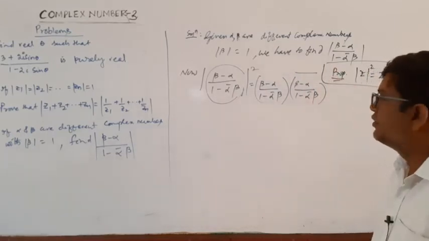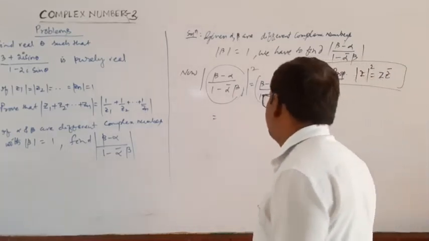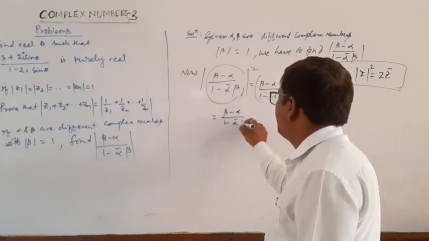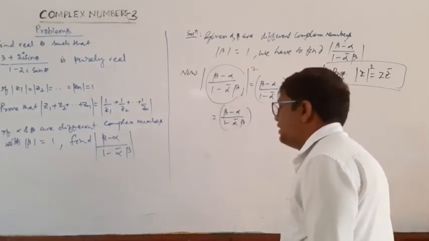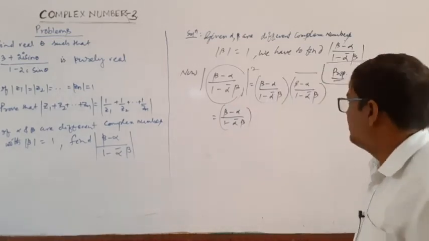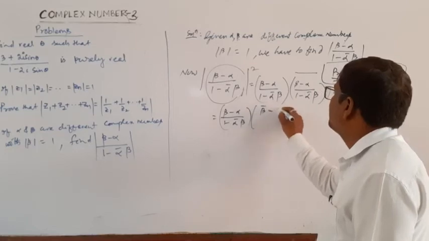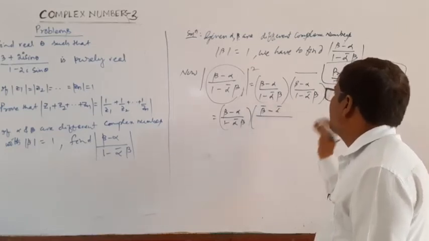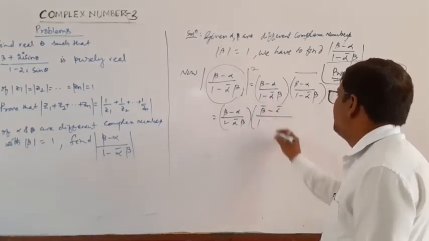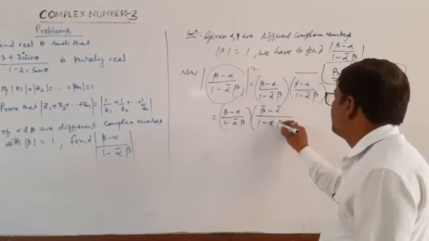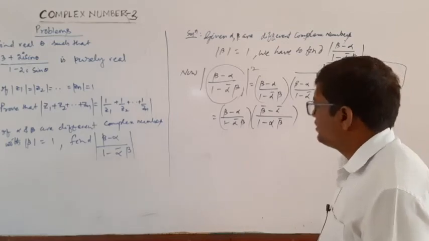So this is equal to (beta minus alpha) divided by (1 minus alpha bar beta), and (z1/z2) conjugate is equal to z1 conjugate by z2 conjugate, so (beta conjugate minus alpha conjugate) divided by (1 minus alpha conjugate beta conjugate). Now multiply this.